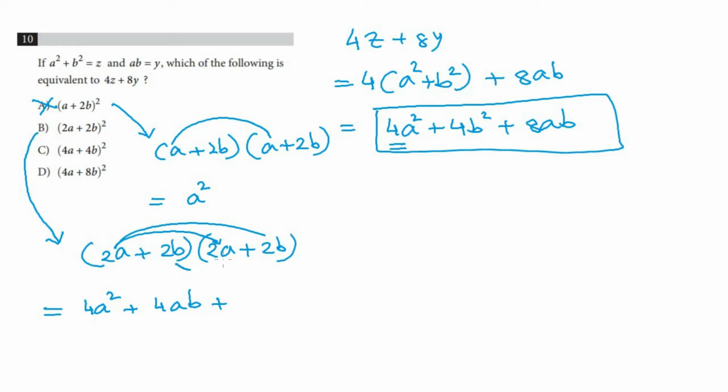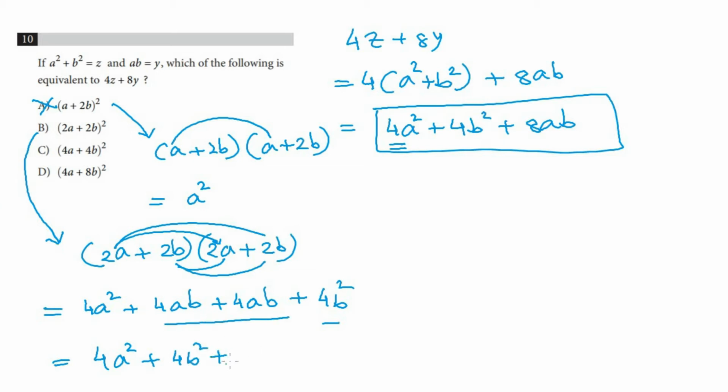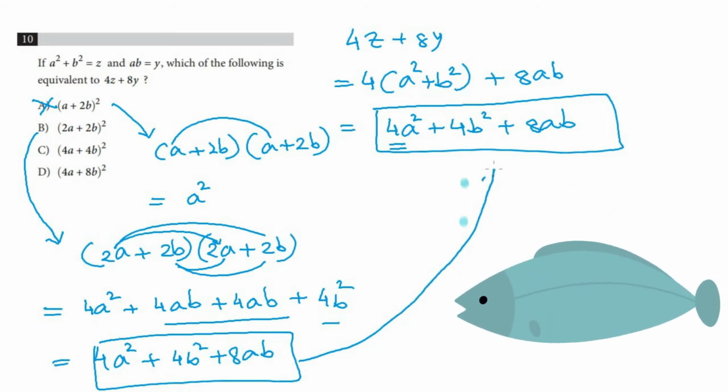Next is 2b times 2a, that is 4ab again. Then 2b times 2b is equal to 4b square. So we get 4a square, then 4b square, and 4ab plus 4ab equals 8ab. So this expression matches with the boxed expression. So option B is correct.